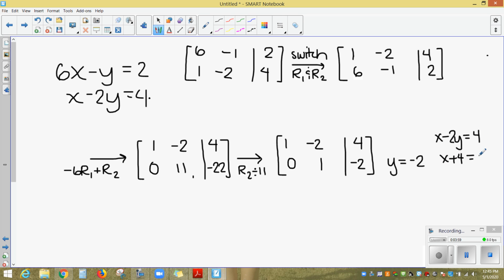So we substitute -2 in for the y, we solve for x, and find out x equals 0. Last, we write our solution set as an ordered pair. You can check your work, plugging it into both equations if you want to make sure you've done everything correctly.